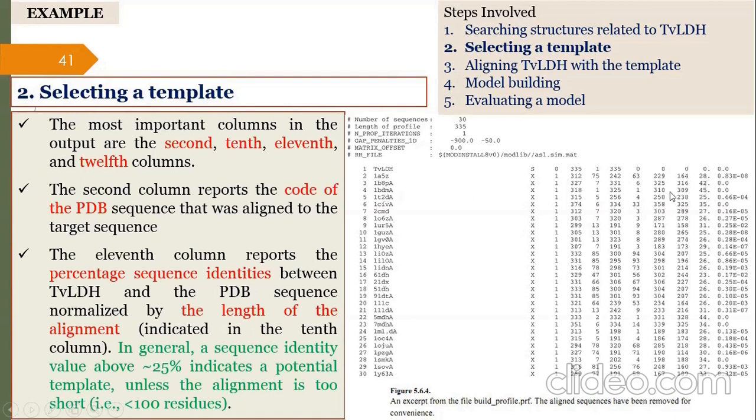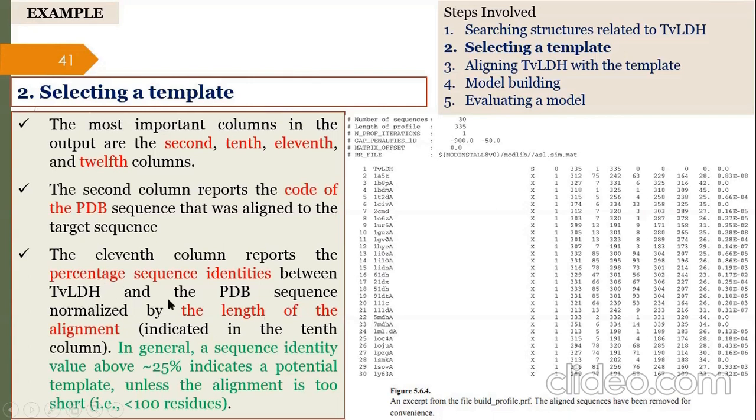The best identities are with 1BDMA, the maximum identity shown here. The A in the last position represents chain A, B, and so on, so these are the chains.